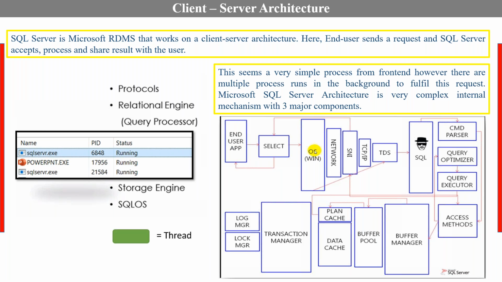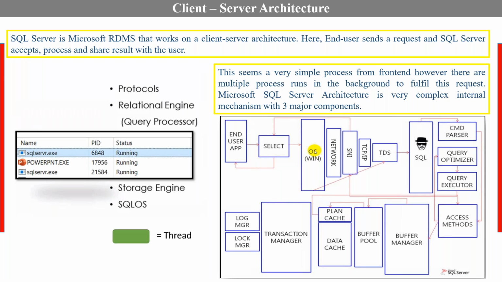So whenever you are sending a request from the client, that can be a tool, an application, or SQL Server Management Studio. Yesterday we discussed that SQL Server Management Studio is the predefined client tool provided by Microsoft to access the database engine. When you send any request, SQL Server needs to accept it, process it, and share the result with the user. That is what is happening.